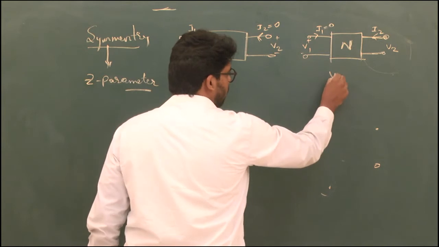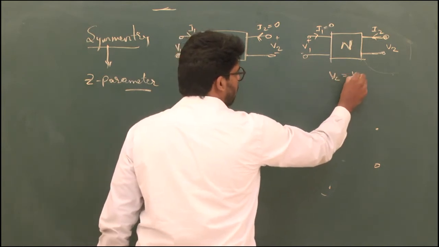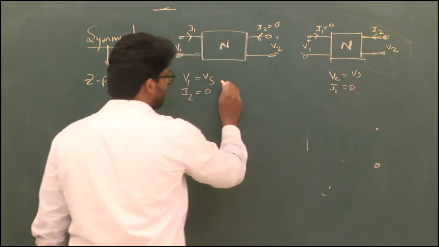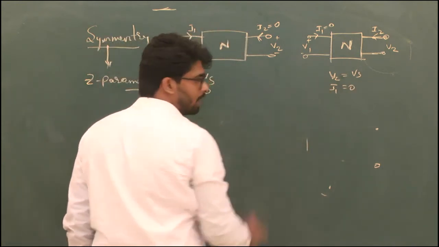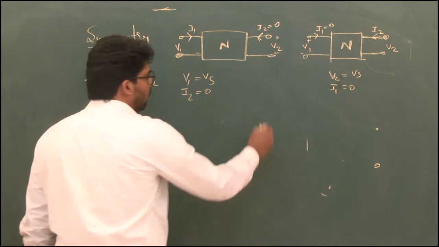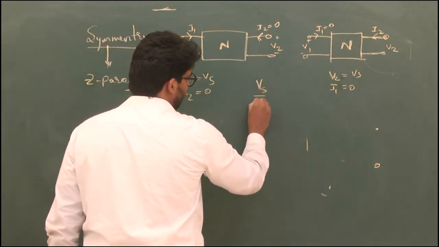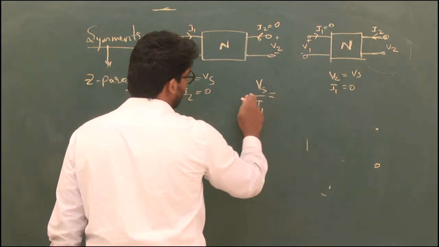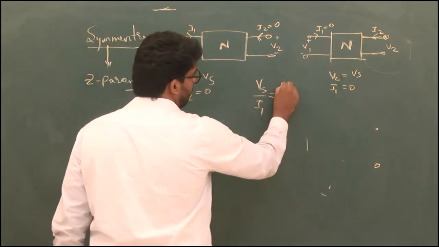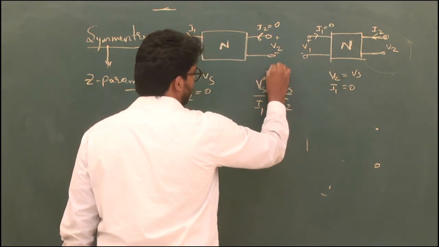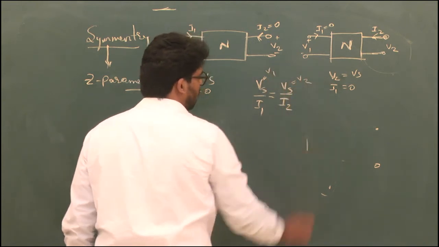Again here V2 equals Vs and I1 equals 0. These are two assumptions to conduct the experiment. Finally, we need to reach the value of Vs by I1, and again Vs by I2, which are equal to V1 and V2.